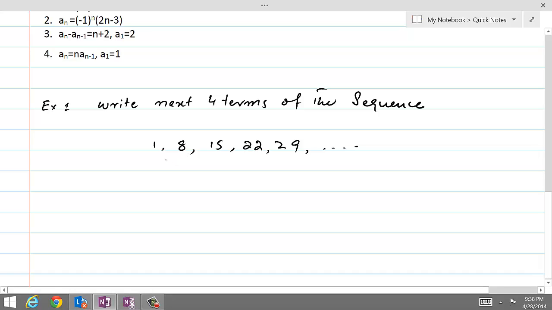If we examine this, let's name the first term as A1, second term as A2, third term as A3, this term as A4 and the next term as A5. Now we will be writing A6, A7, A8 and A9.